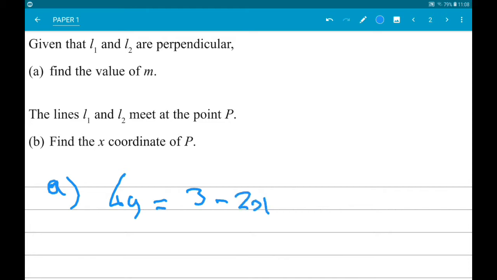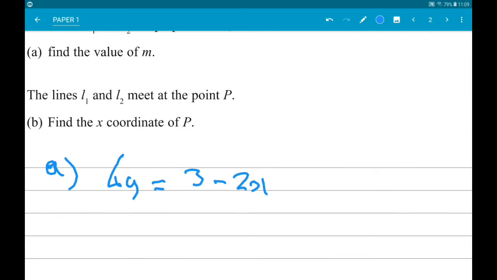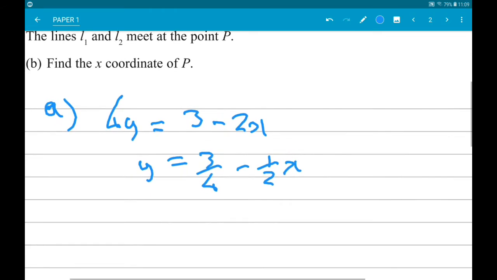And then divide by 4, we get y is 3/4 - 1/2 x. Now, what multiplies -1/2 to give us -1? It's positive 2. So, m is 2.